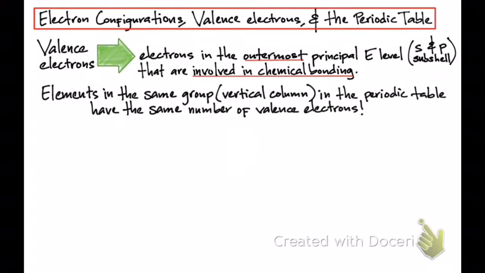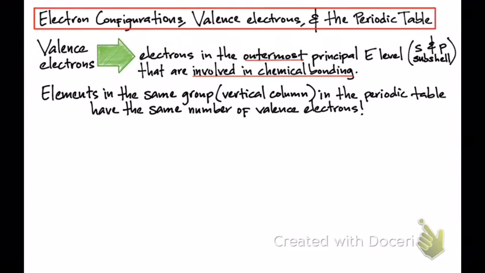So how do we determine the number of valence electrons per element? You have to remember that elements in the same group, or vertical column, have the same number of valence electrons. So for example, group 1 elements will have the same number of valence electrons. Group 2 elements, same thing. Group 3, 4, 5, 6, 7, and 8.